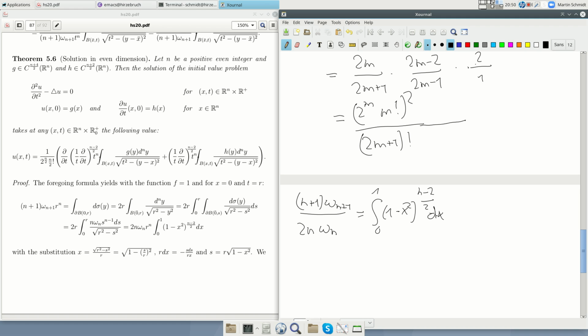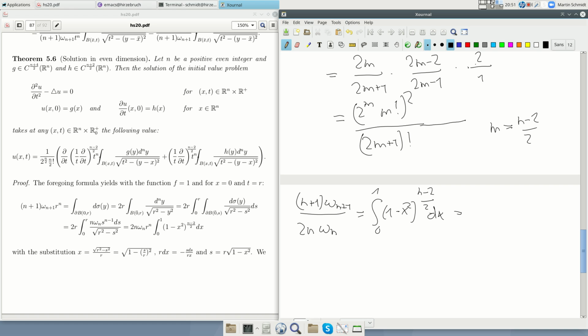So this is m, and here of course n is even, so this is really an integer. So we should insert for m: m is equal to n minus 2 over 2.